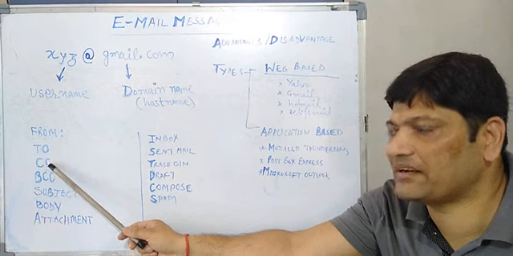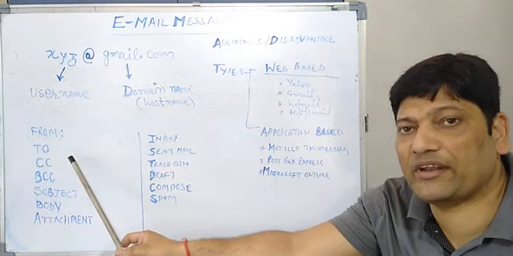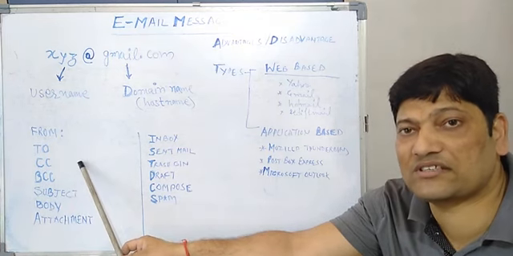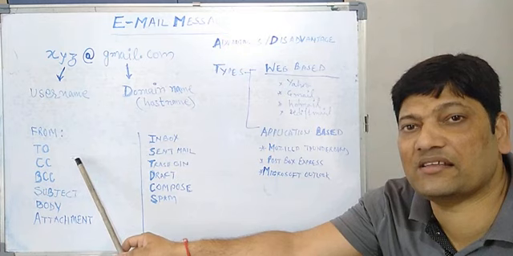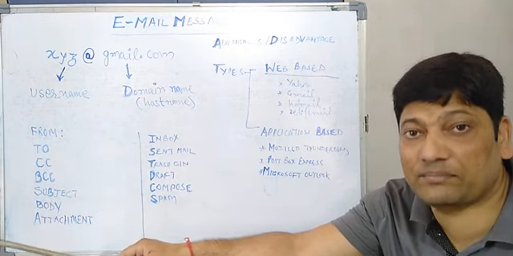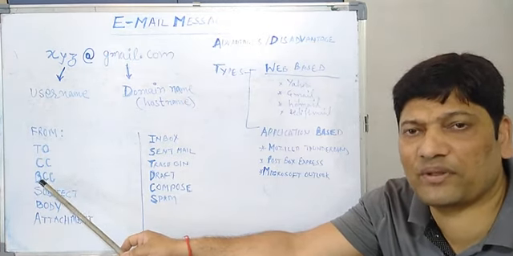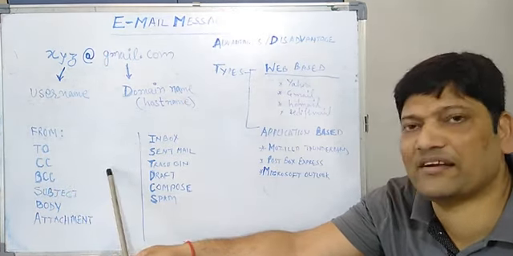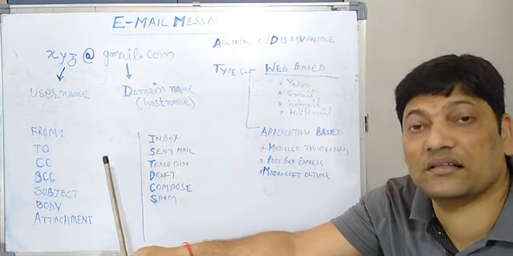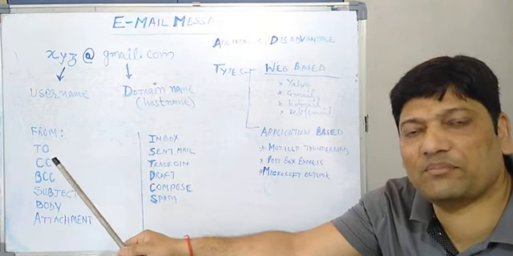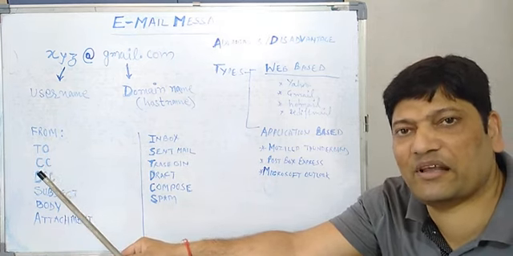Now in the case of carbon copy, whenever a person receives an email, he can also see how many other people have received this particular email. But in the case of BCC, which stands for blind carbon copy, if we specify any email address over here, this person is unable to know whether other people have received this email or not.